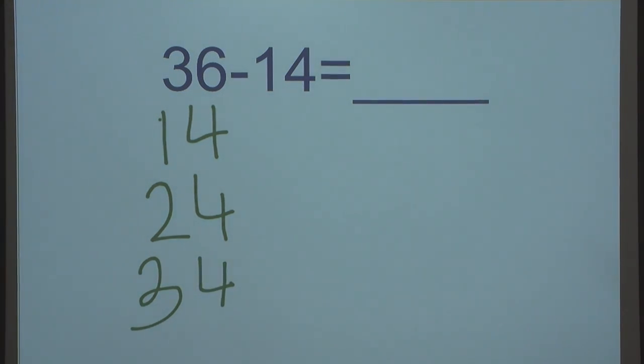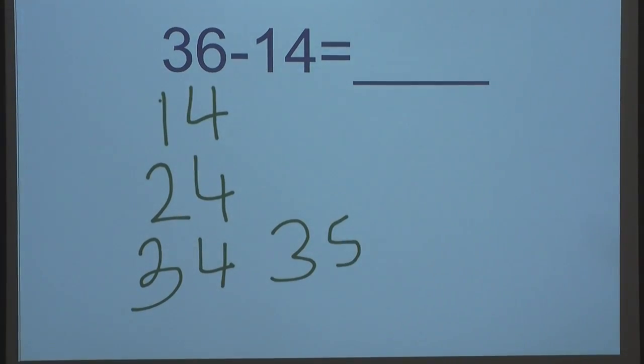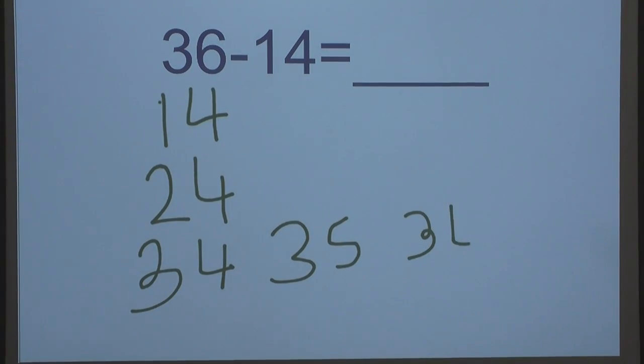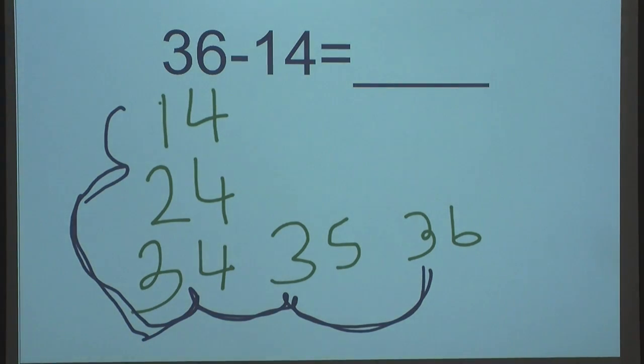And then 35, then 36. And then you have to make these bumps. And then we're going to number it. Then we're going to count it. So that's 10, 20, 21, 22. So our answer is 22.